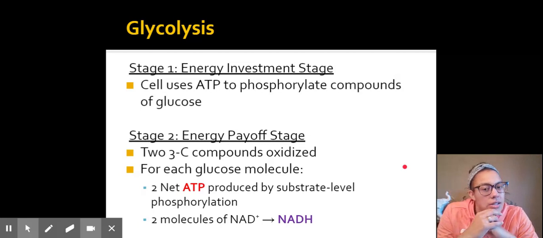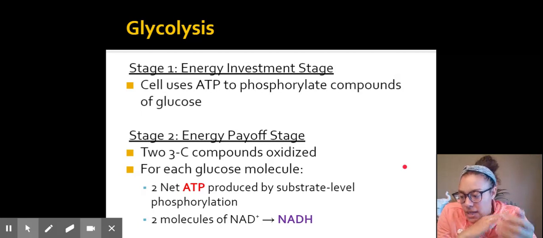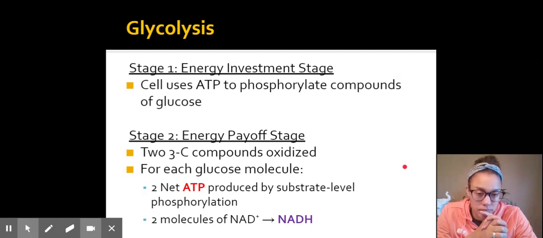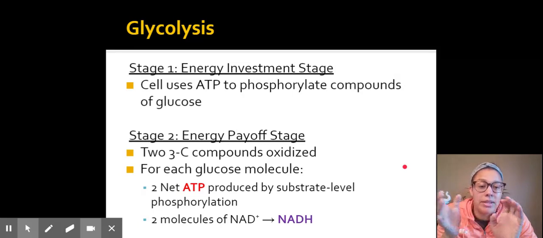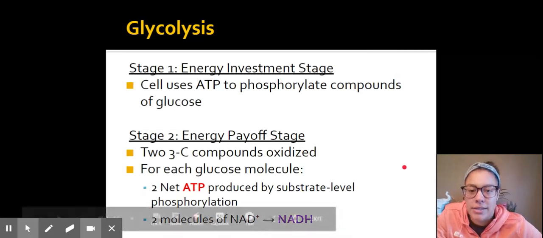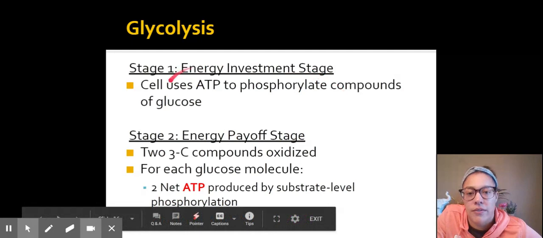And then in the end, there's going to be the energy payoff stage, where we'll have 4 ATP being produced. So it's like giving back some ATP with some interest in there. So we'll end up with 4 total ATP, and that means a net gain of 2, right? So again, like I said, this energy investment stage is the first one. It's going to use that ATP.